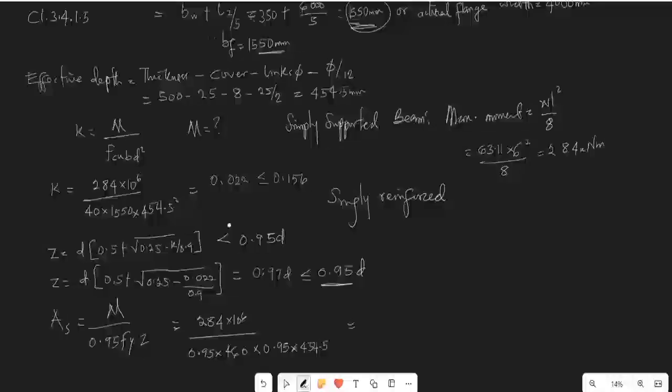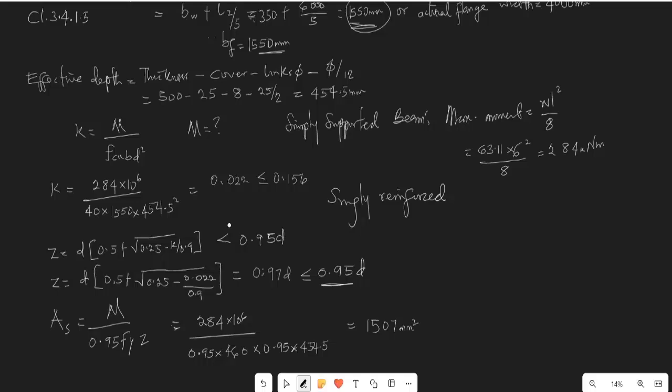Now this should give us 1507.0 millimeter square. So we can just write this millimeter square.